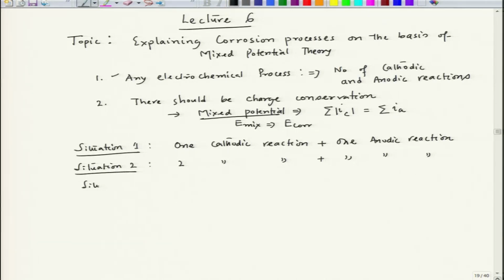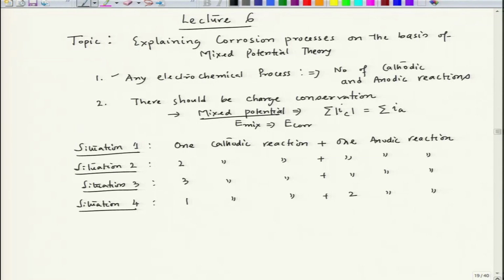Situation 3: three cathodic reactions plus one anodic reaction. This is one set, so we can have multiple cathodic and one unique anodic reaction. Situation 4: one cathodic plus two anodic reactions. Fine, so this is another situation.